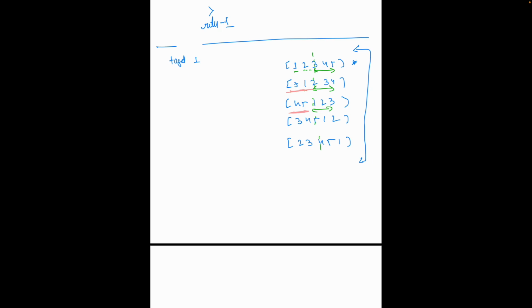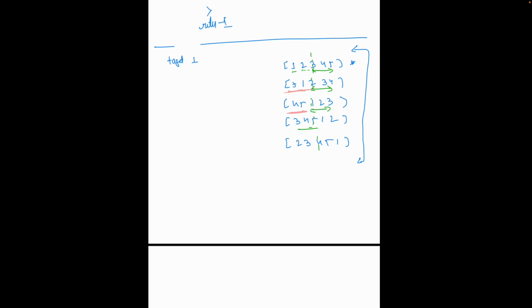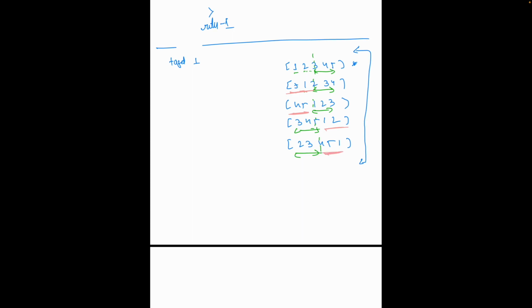This is not sorted, this is sorted, this is not sorted, then again this is sorted. The only case where the entire array is sorted is when it's rotated by 0 index, which means it's not rotated at all. In all the other cases, one half will always be sorted.